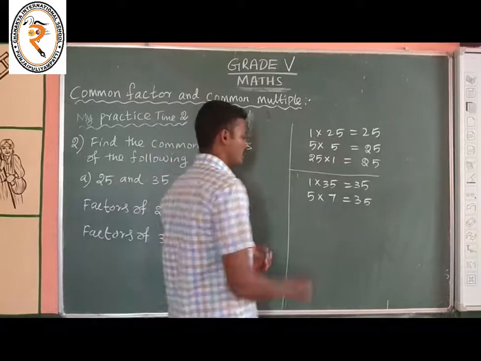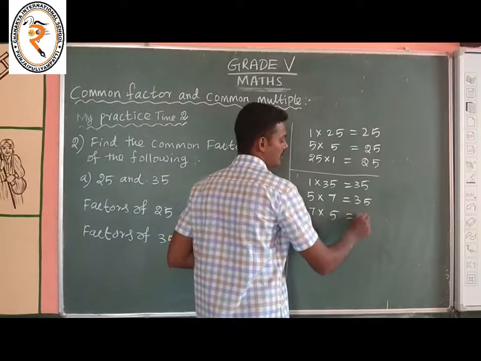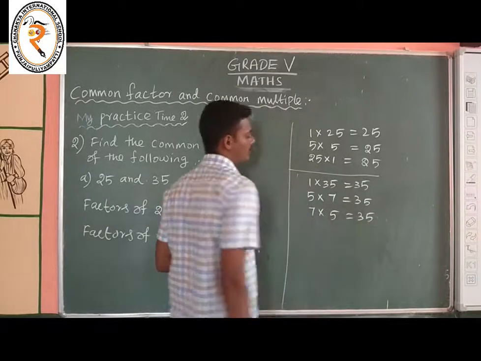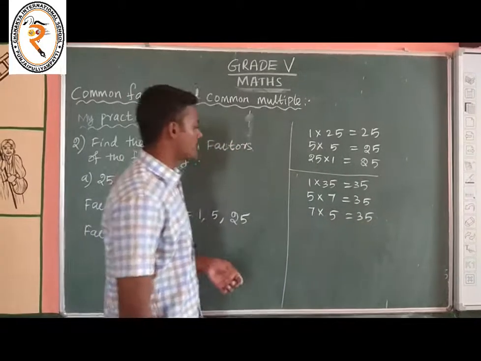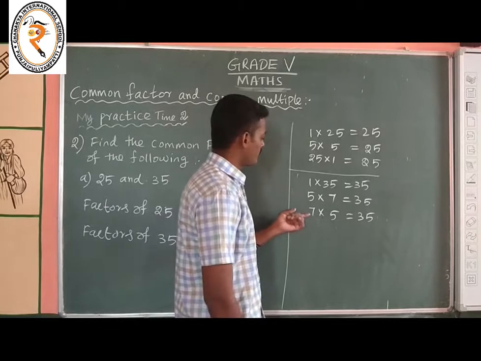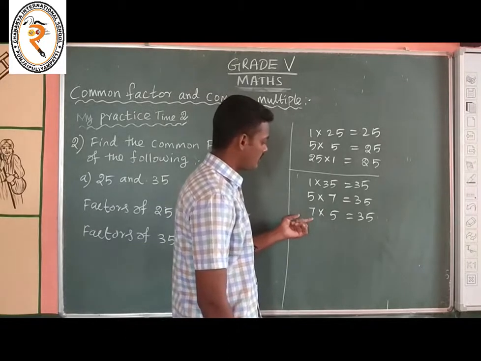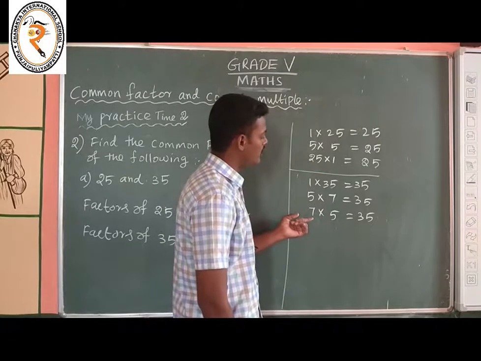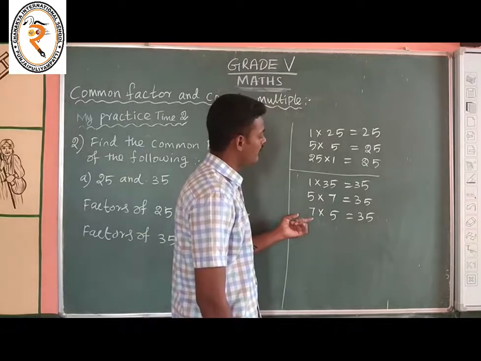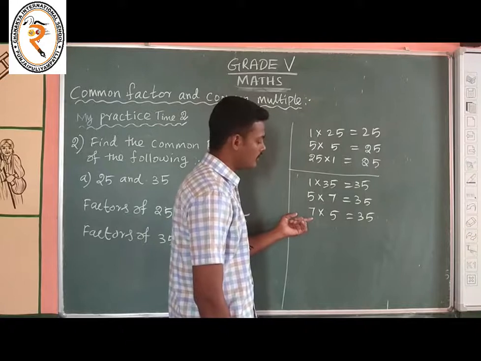In the fifth table, next the seventh table, 7 5s are 35. Next, 8th table, 9th table, 10, 11, 12, 15th table: 2 15s are 30, so not in the 15th table.